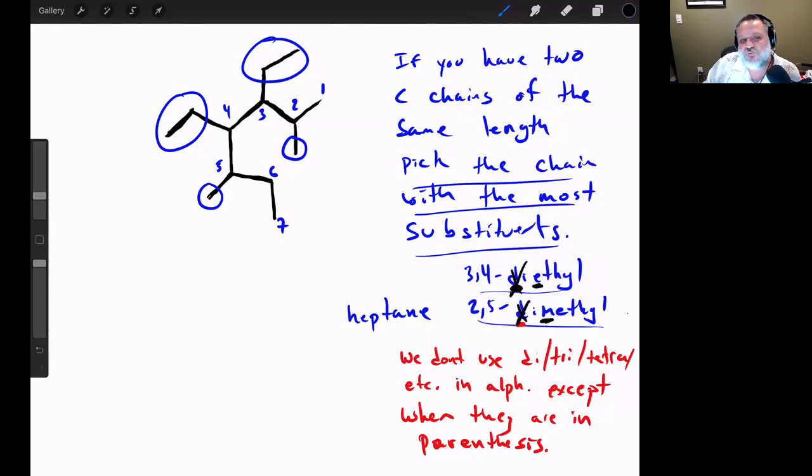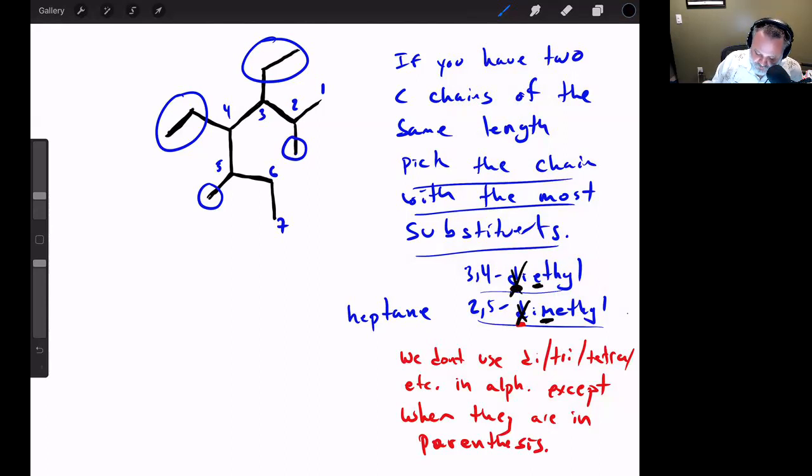So when we have multiple substituents, we typically alphabetize them. So an ethyl would come before a methyl, a propyl would come after a methyl, whatever the case may be. If it was a chloro group or a bromo group, you would alphabetize them appropriately as well. So in this case, the methyl group comes after the ethyl group.